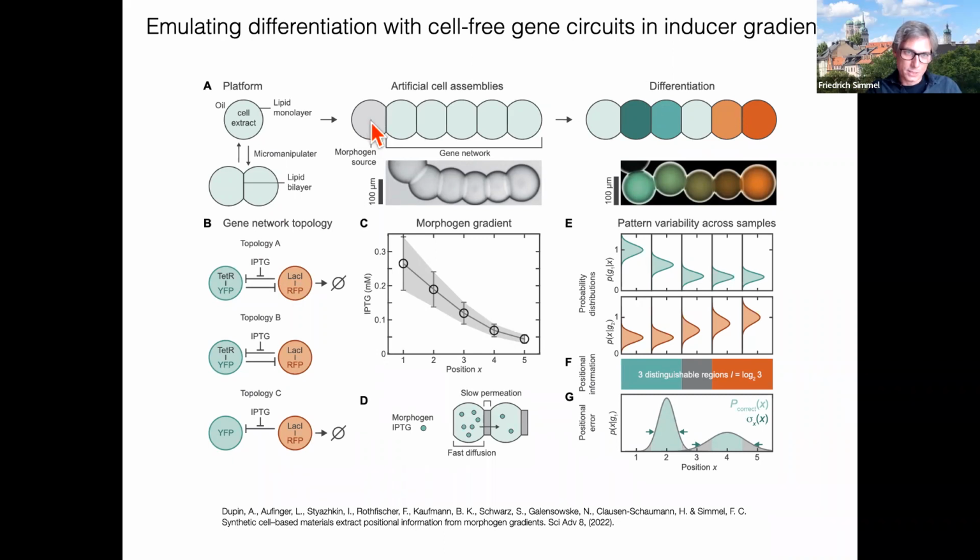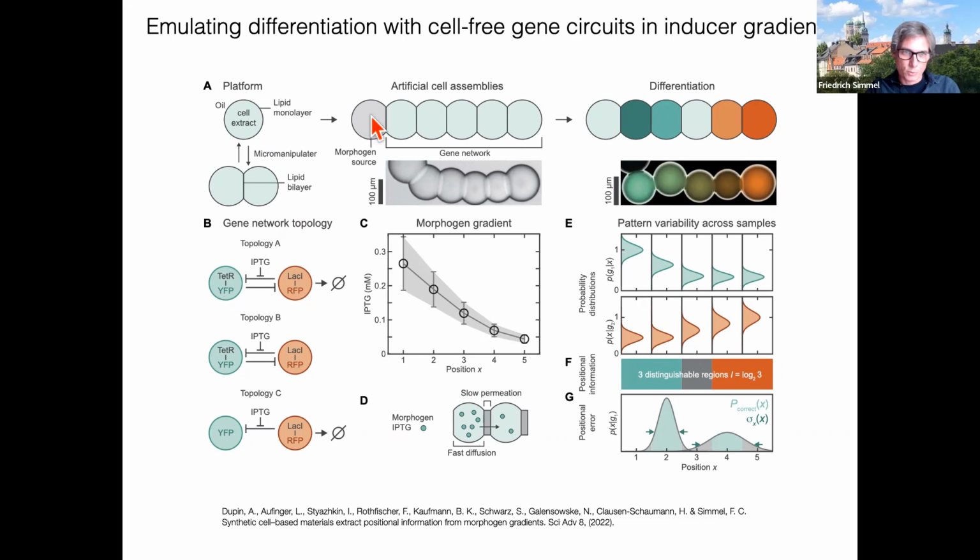Because IPTG leads to a de-repression by LUC-I, in the presence of IPTG we would expect a high expression of TET-R and therefore a low expression of the RFP.